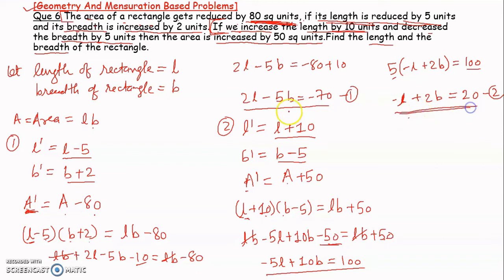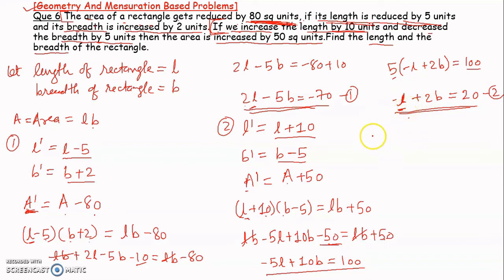Now we have two equations, and we can solve them by any method. Here if you use the elimination method, and you want to eliminate the variable L, compare the coefficient of L in both equations: here we have 2 and here we have minus 1. So multiply equation 2 by 2.